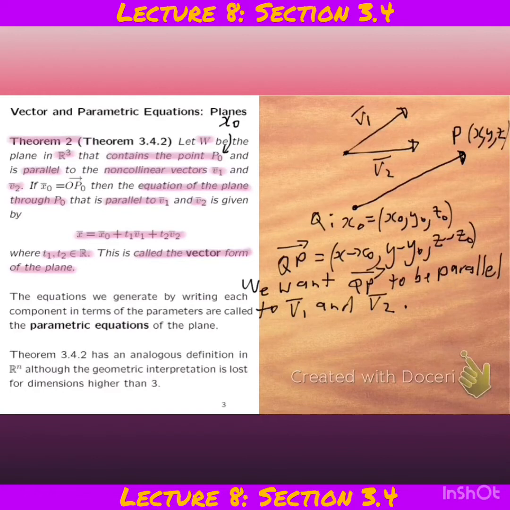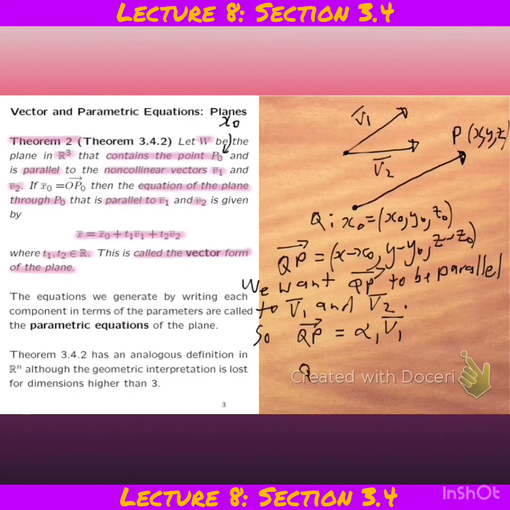Okay, so what do we want? Again, we want that vector to be parallel to both. We want the point x, y, z to satisfy the following. It will make this vector QP parallel to vector v1, so there's a scalar alpha 1 that will make this vector parallel to that.